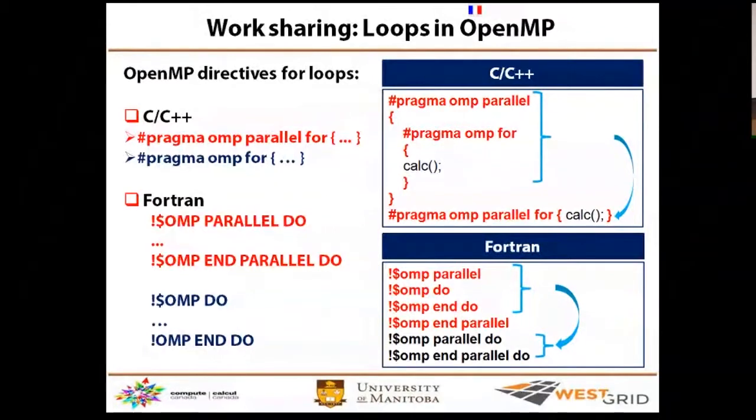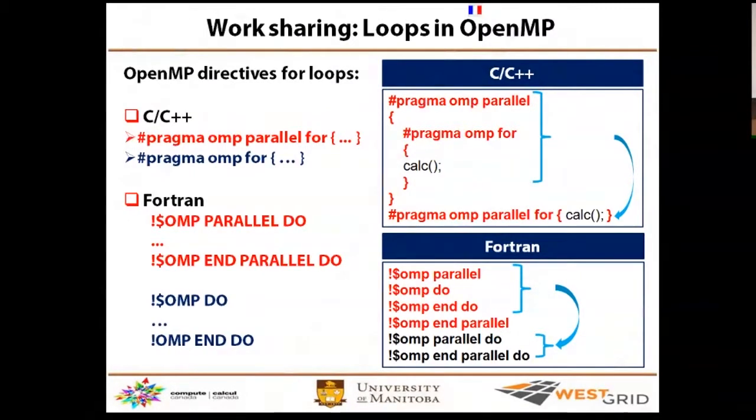There are many computations that use loops. Loops depend on whether you are using Fortran or C. In C, we use for i equal 1 to n, do something. In Fortran, do something and end do. For OpenMP, it is the same.